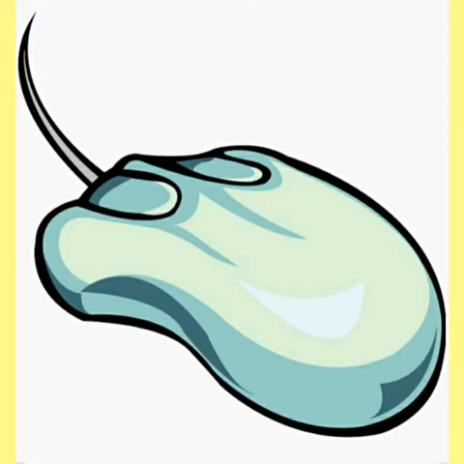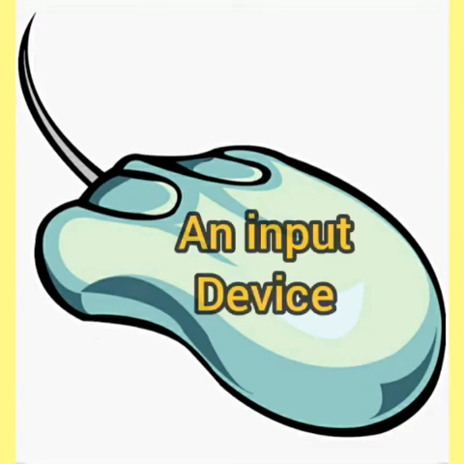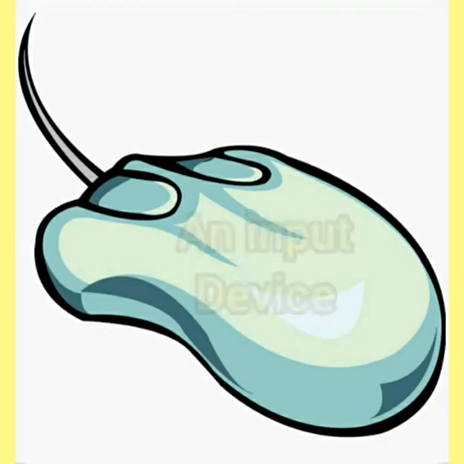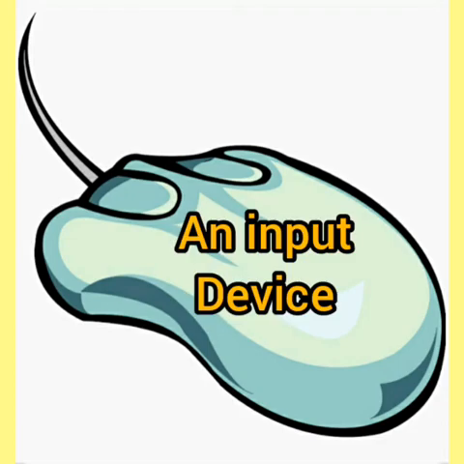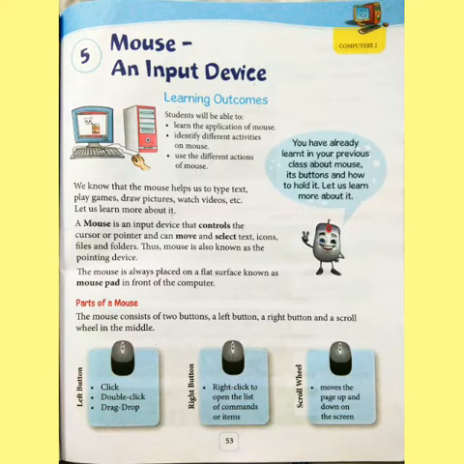Now let's start. A mouse is an input device. What is a mouse? It is an input device. You input anything you want to input. We also read this in the input output devices. A mouse is an input device that controls the cursor or pointer and can move and select text, icons, files and folders.